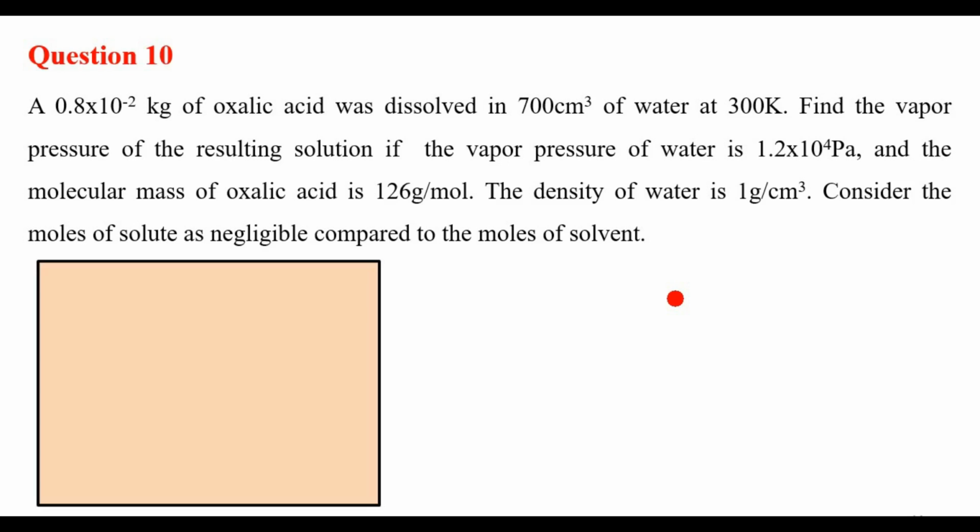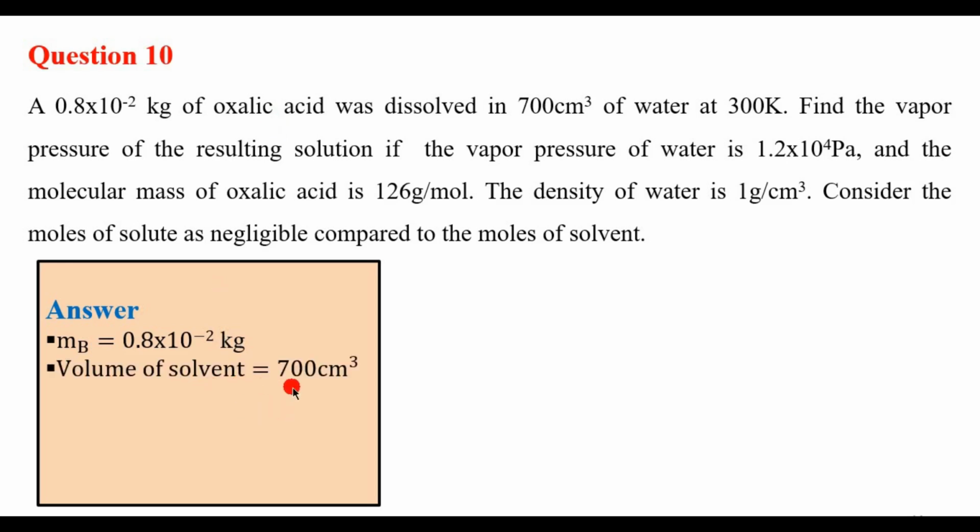What do we have? So here we have the mass of the solid, which is 0.8 times 10 power negative 2 kilogram. The solid is oxalic acid. We have also the volume of the solvent, which is 700 centimeter cube, the volume of water. We have also the P naught, which is the vapor pressure of the pure solvent, the vapor pressure of the water, equal to 1.2 times 10 power 4 Pascal.